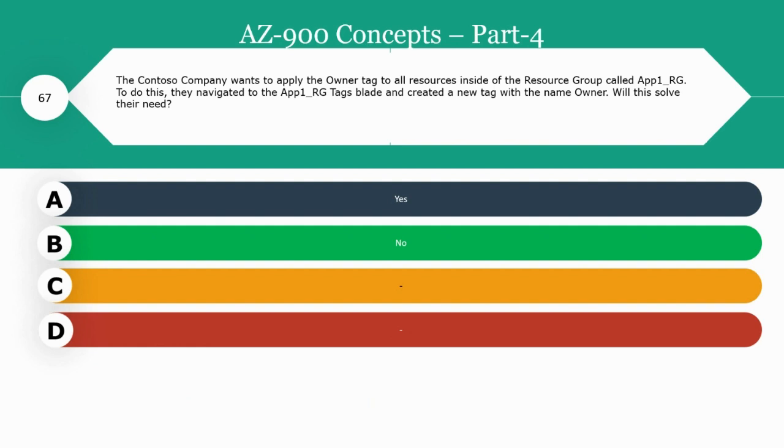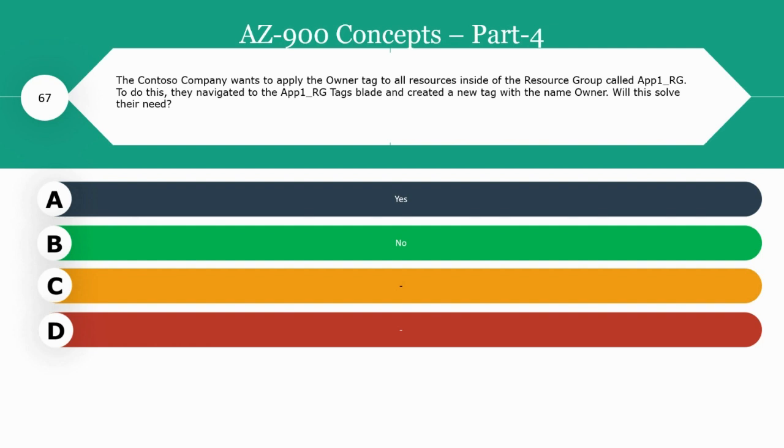The question is, if they navigate to the app1_rg resource, go to the tag, and mention the owner therein as a value, will it solve the problem of tagging all the resources which come under app1_rg? The answer is no.